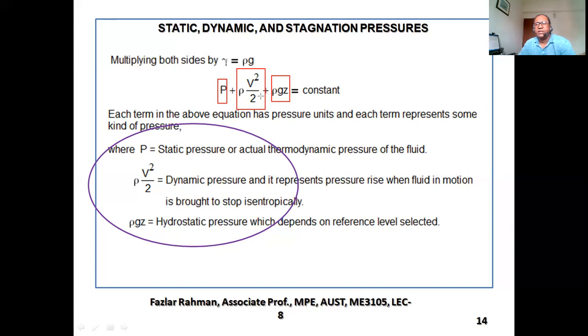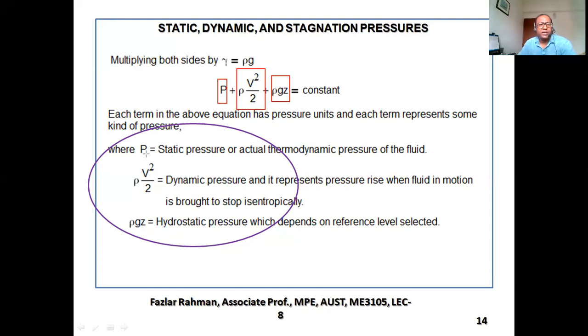The unit of each term has to be the same. If it is not the same, that means the equation is wrong. So P is the pressure. The middle term, v square by 2, is also a pressure, and it has to be the same. Rho g z also is pressure.